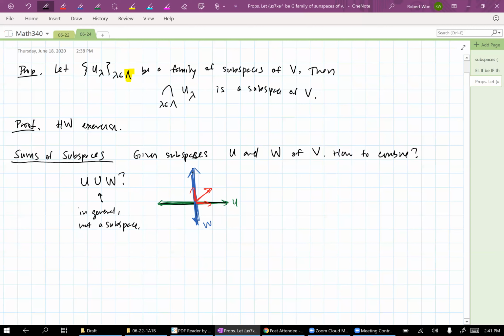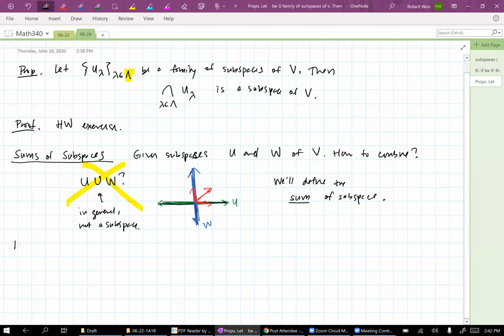And somehow I'd like a notion of combining U and W to get a new, bigger subspace, right? So union won't do it. So it turns out that the correct notion is to take the sum of subspaces, right? So instead, we'll define the sum of subspaces.